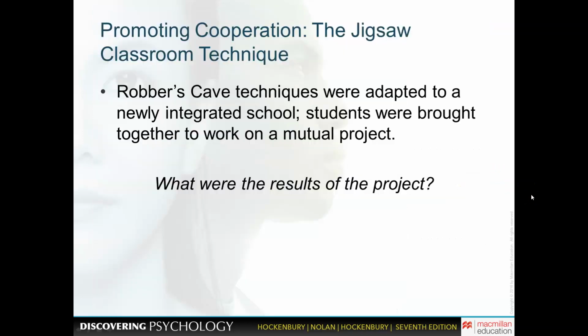Through their cooperation, they changed the tendency to categorize the out-group from those people to we people. That resulted in less negative stereotypes and prejudices, and a reduction in intergroup hostility.